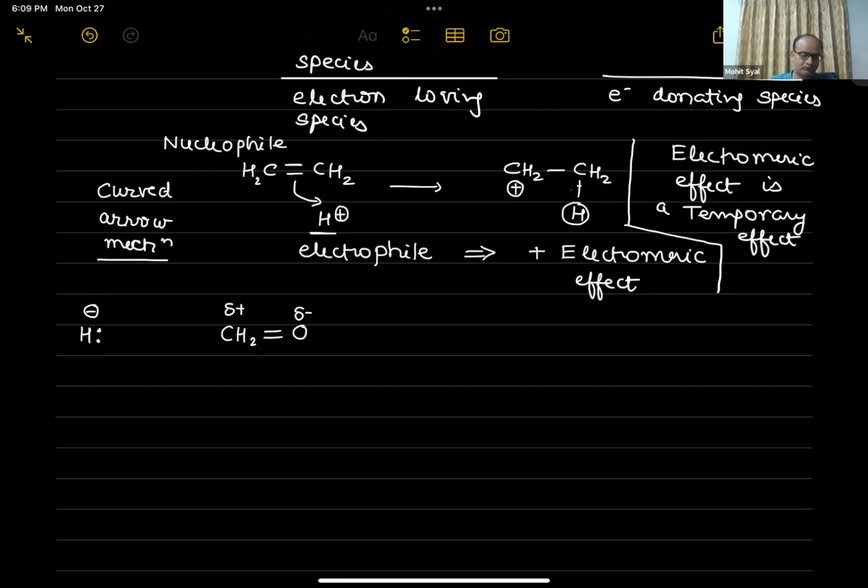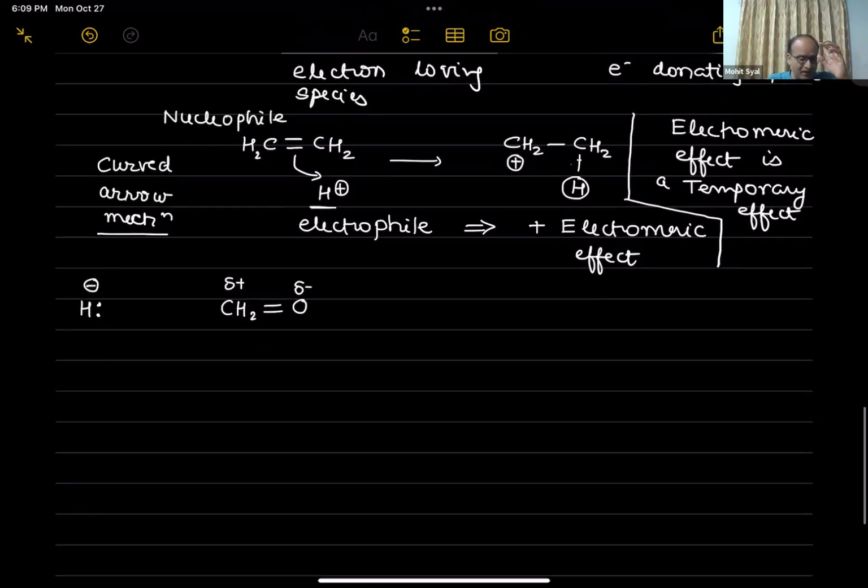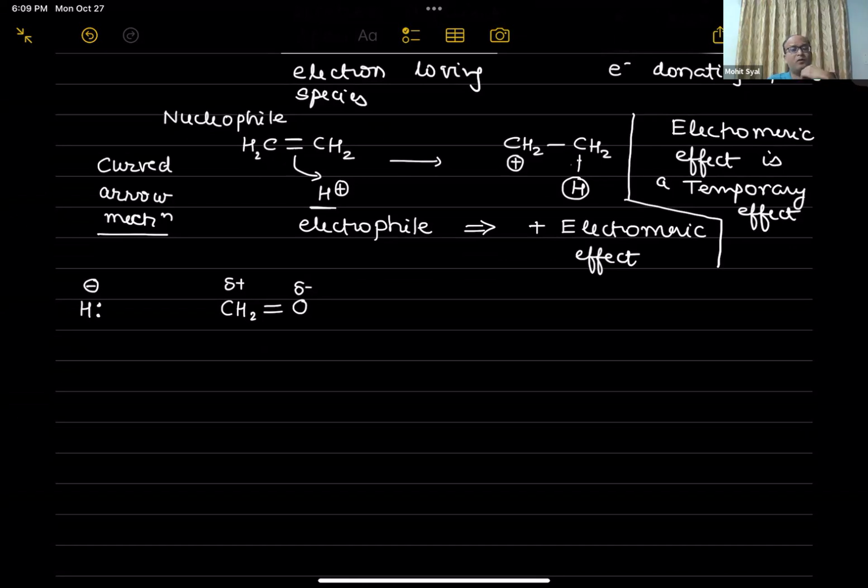So when it reacts with a certain molecule, what do you expect? You expect H minus to accept electrons from another molecule, or give its electrons to be shared with some other molecule.